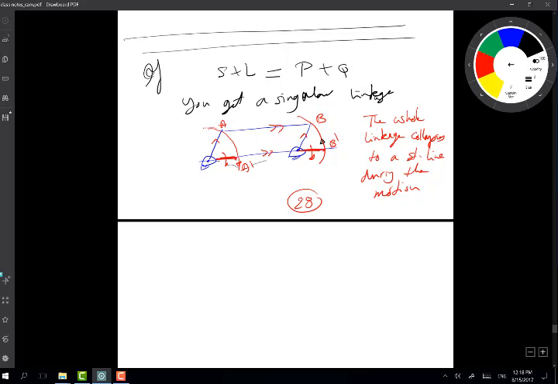Or they may go together in the same manner as before, and you may get something like that, right? It's like two possibilities for the linkage, it can take two different shapes, two different configurations. I'm not sure exactly which one it will take, and this will be dictated more or less by the forces acting on the linkage.